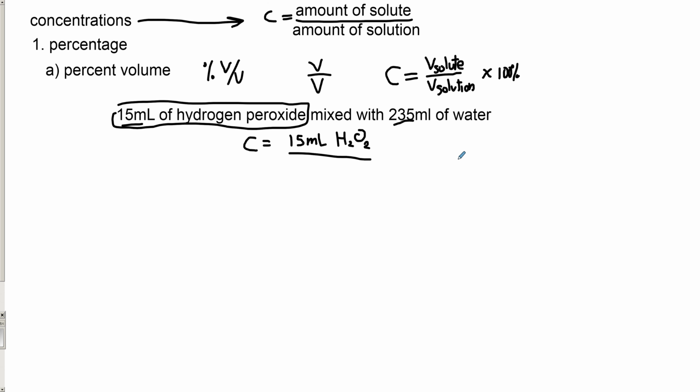Remember, we've added two liquids together. So the total amount of solution is my peroxide plus my water. So 235 and 15 is 250 mL. And I'm just going to write SOL'N, just as a short way of writing solution.